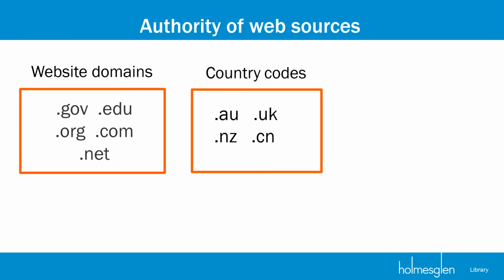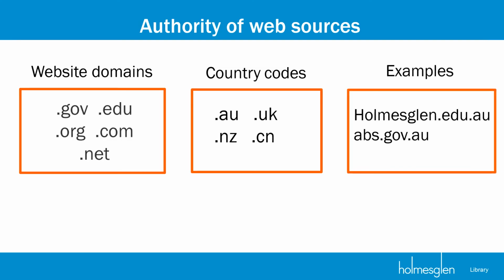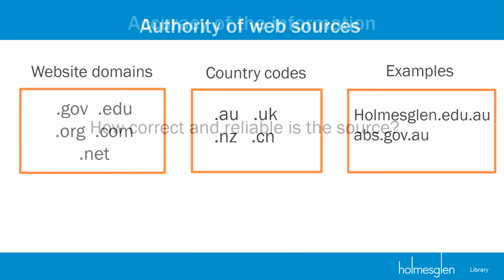Country codes will also help you determine the origin of the information, for example, whether it is Australian or from somewhere overseas. For example, holmesglen.edu.au tells us that Holmesglen is an education institution in Australia. abs.gov.au is the web address of the Australian Bureau of Statistics, which is a government agency.